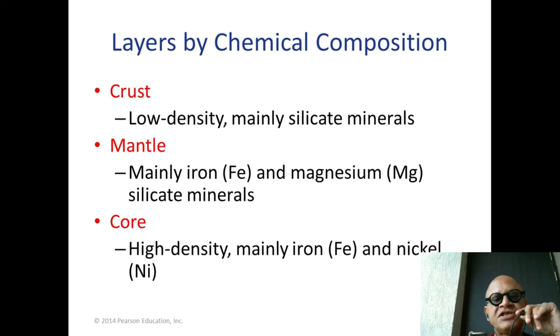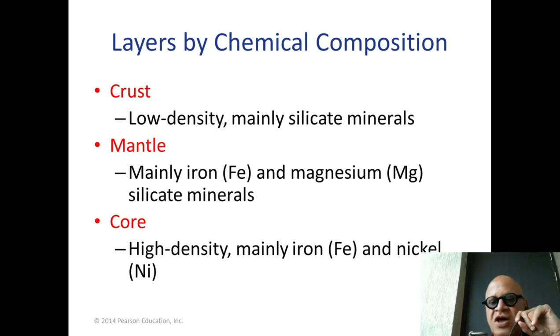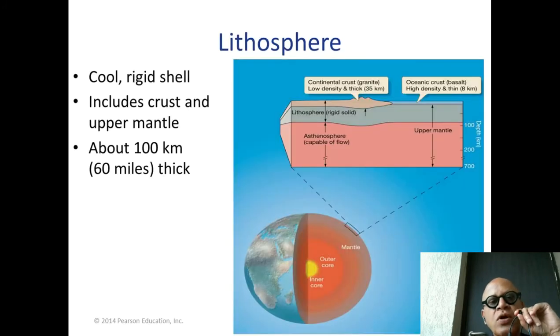It's mainly made of silicate material. Mantle is iron and magnesium silicate materials, and core is high density made of iron and nickel. By physical properties, as we said, you can think of it as lithosphere, asthenosphere, mesosphere, outer core, inner core.